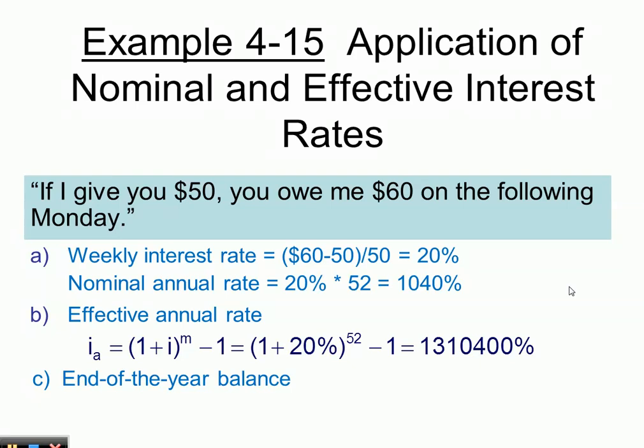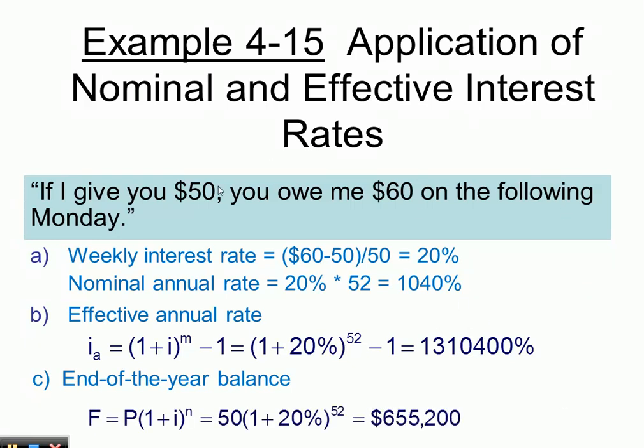And now, if you look at the end of the year balance, if you were to continue investing or borrowing this way, starting from the $50, we would owe at the end of the year a whopping $655,200.